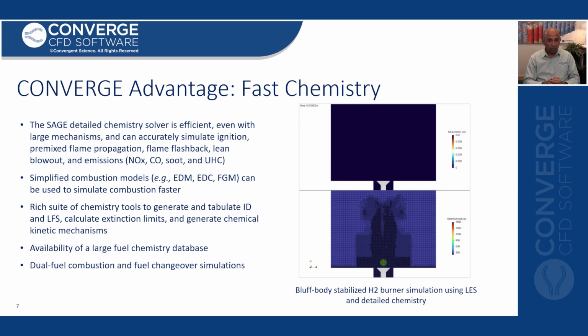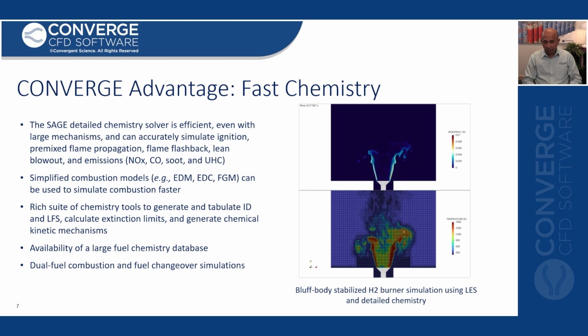Now, detailed chemistry is great, it is really accurate, but then where do you get the chemistry mechanisms? You're covered with Converge on that as well. We have a large database of fuel chemistry available to you. And because of this large database, doing dual fuel combustion or fuel changeover simulations in burners is quite straightforward.